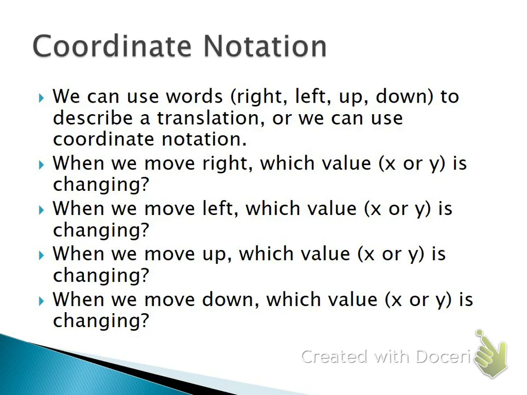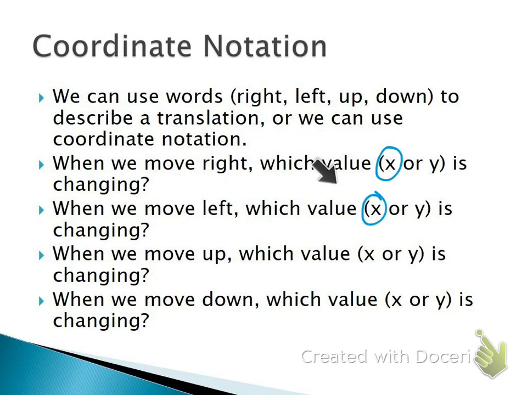So we've got a few questions to answer. When we move right, which value is changing, X or Y? Careful, which axis goes left and right? Your x-axis. So if you're going right, you're changing your x coordinate. If you go left, you're changing your x still. Side to side is always x.